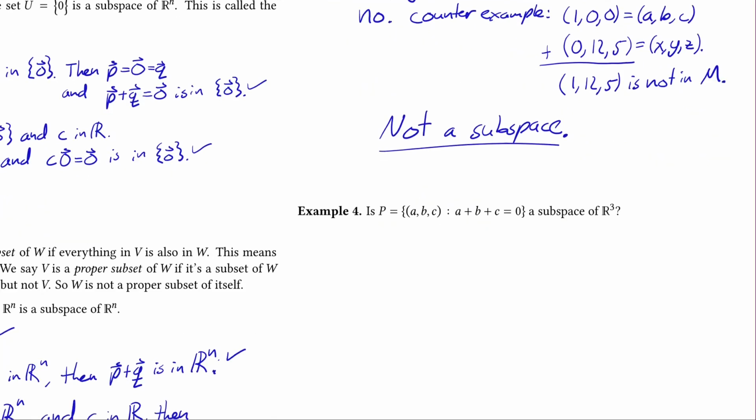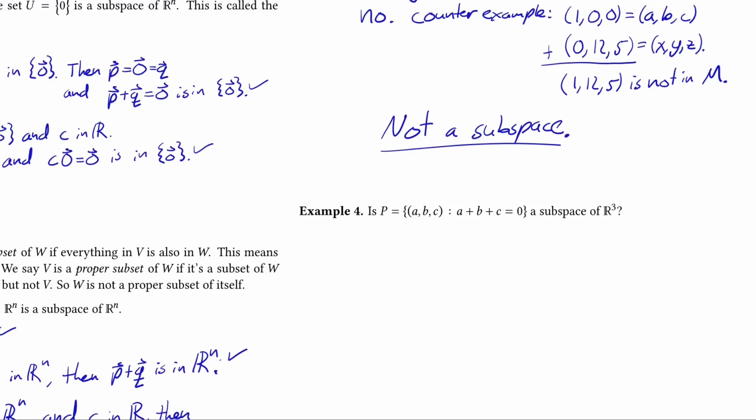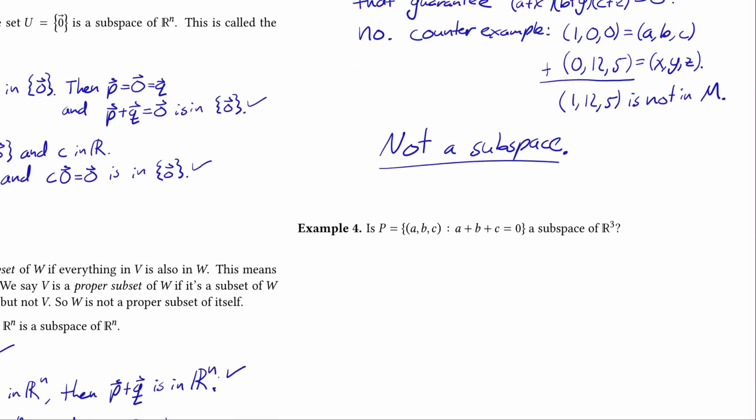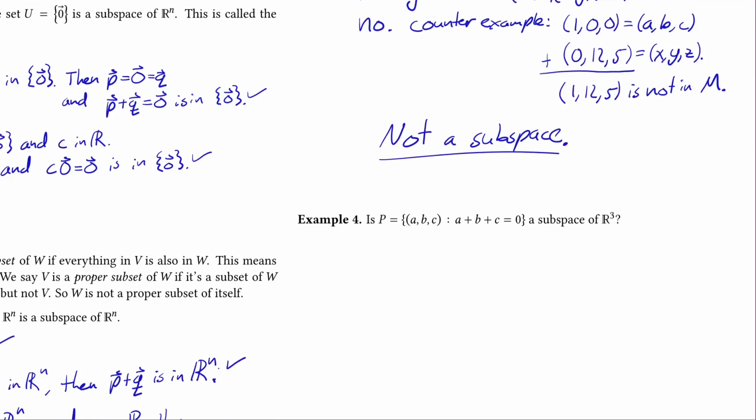So here we have the set of vectors A, B, C such that when you add their components together, you get 0. Okay. So at first glance, it looks quite similar to the last one. Again, I recommend pausing it and see if you can find a counterexample.